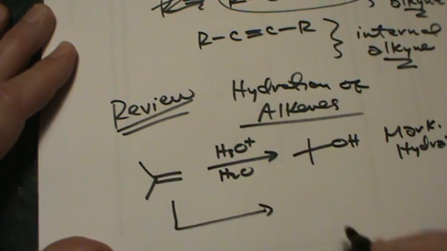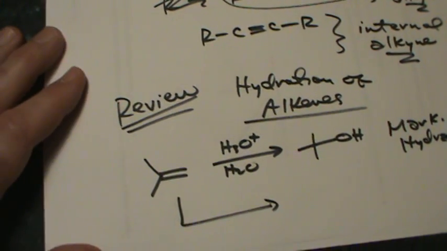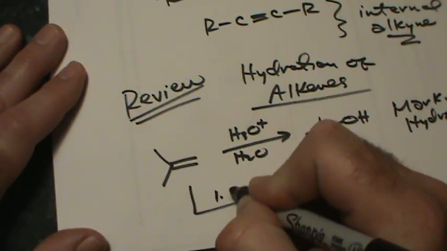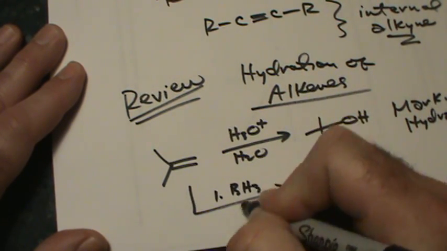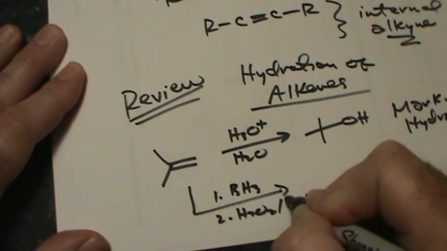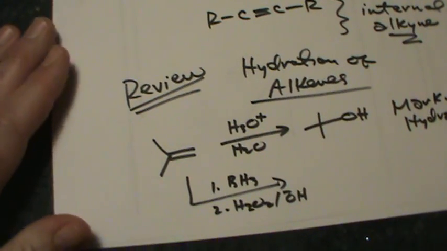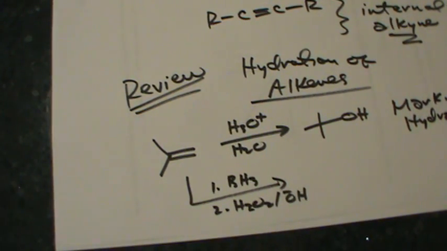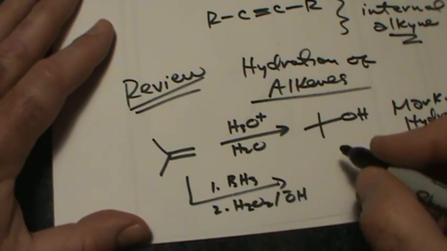On the other hand, if we took this same alkene and we ran a hydroboration oxidation sequence, we would get an anti-Markovnikov hydration product. There's no carbocation involved here, and it's anti-Markovnikov for all the reasons we discussed as we went through the process carefully.